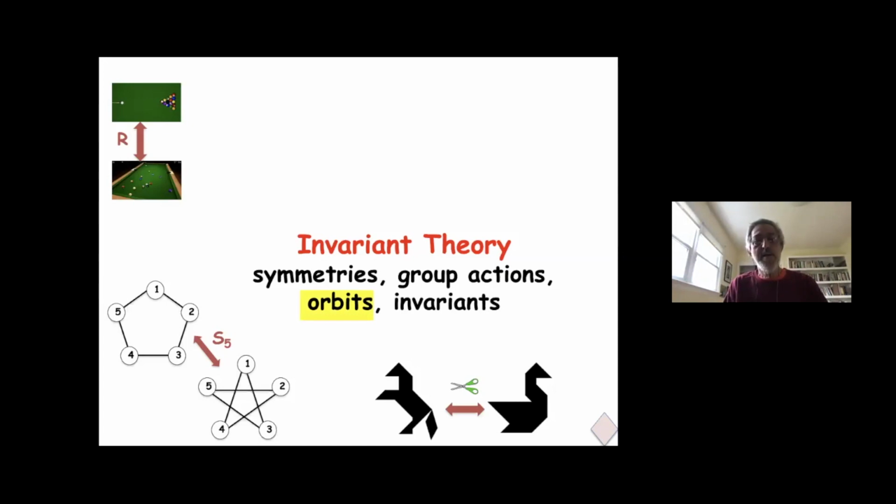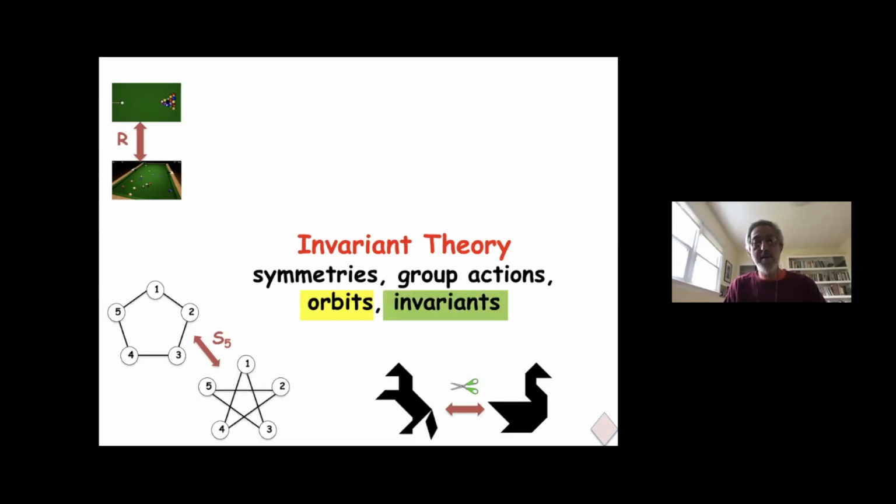And despite the fact that it's a lot of configurations, and you can think of it as maybe a dynamical system, like in the case of the billiard, some things don't change, and that's the content of invariant theory. Parameters of the systems that don't change are called invariants.